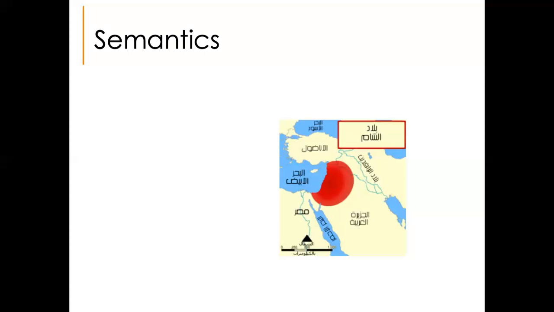So here we have an example of an area of Arabic speaking people, that red area over there, where, for example, they'll have a different word that they use for, for example, the word tomato.